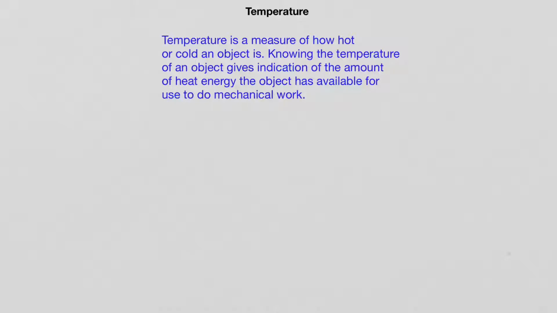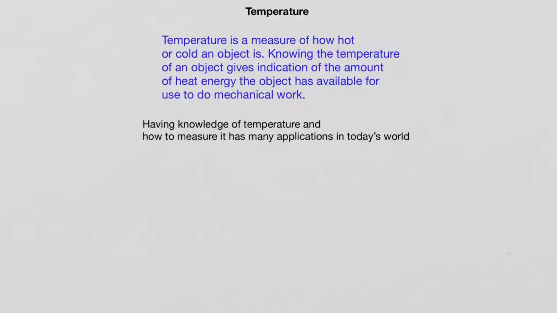However, the temperature value of an object indicates how much heat energy is available to be used to do mechanical work. Having knowledge of temperature and how to measure it has many applications in today's world. So let's look at a few examples.